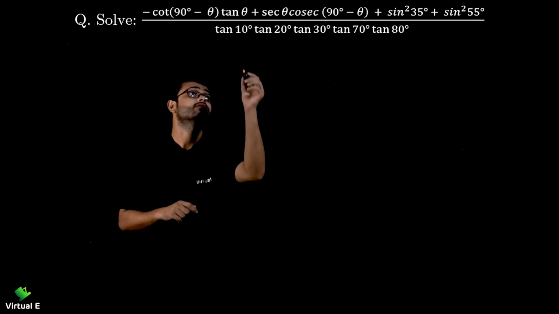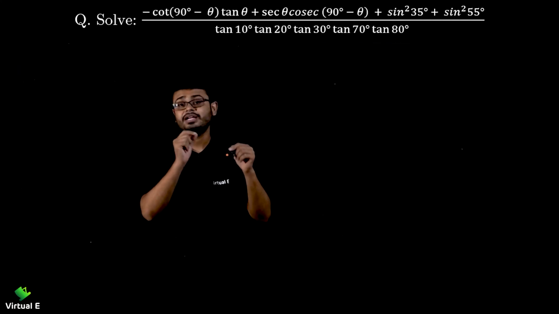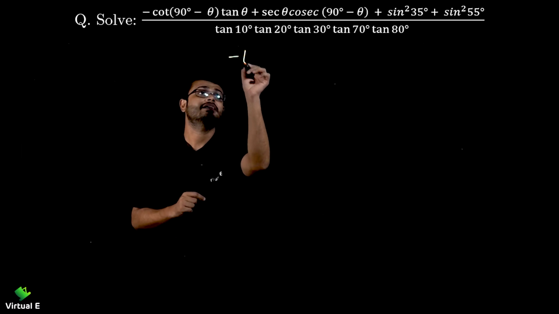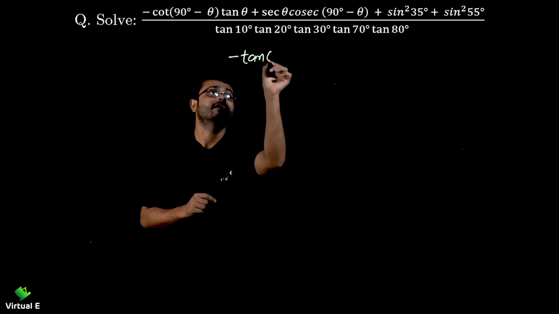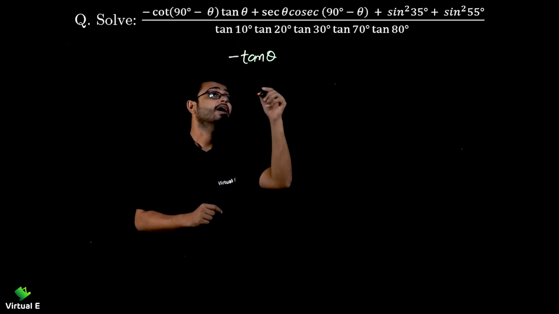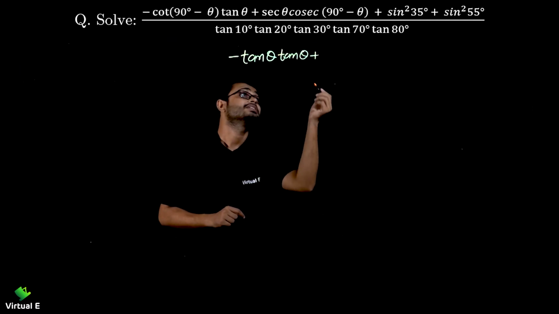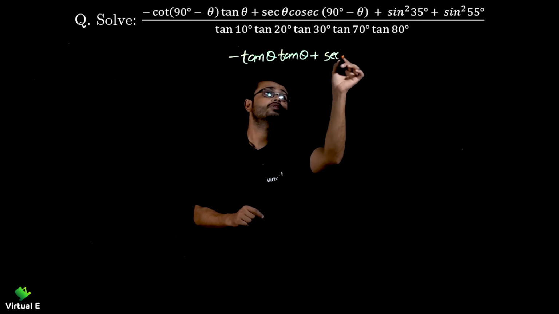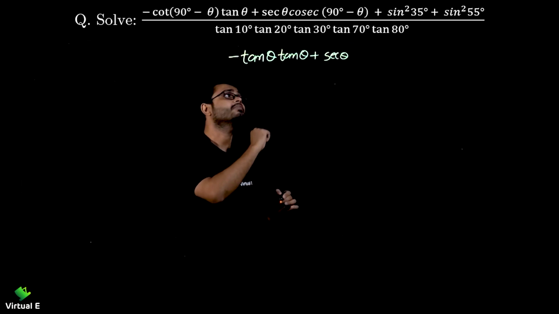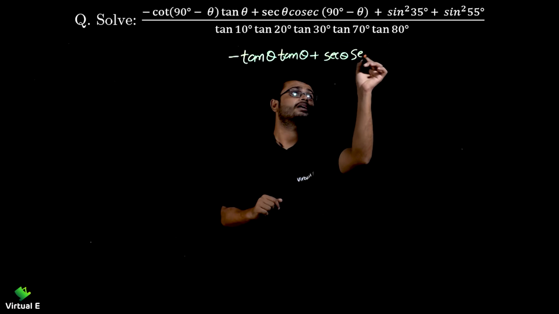Let's start. So first of all, minus cot 90 minus theta will become what? Minus, as it is, tan theta. Done? And tan theta as it is, tan theta, plus sec theta as it is, no change. But cosec 90 minus theta will become what? Sec theta.